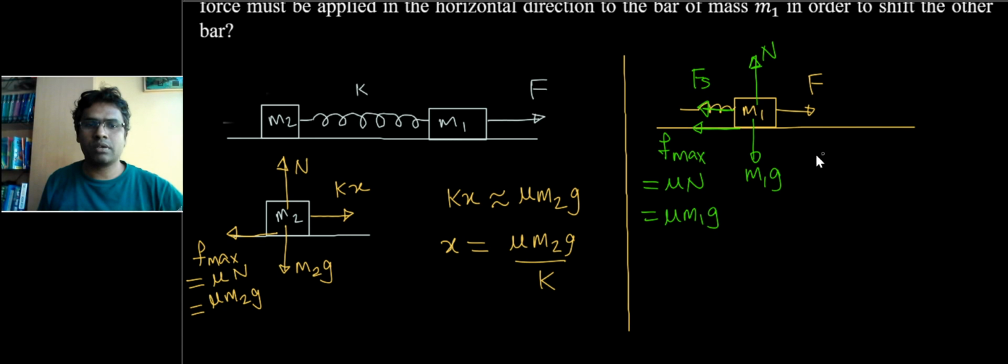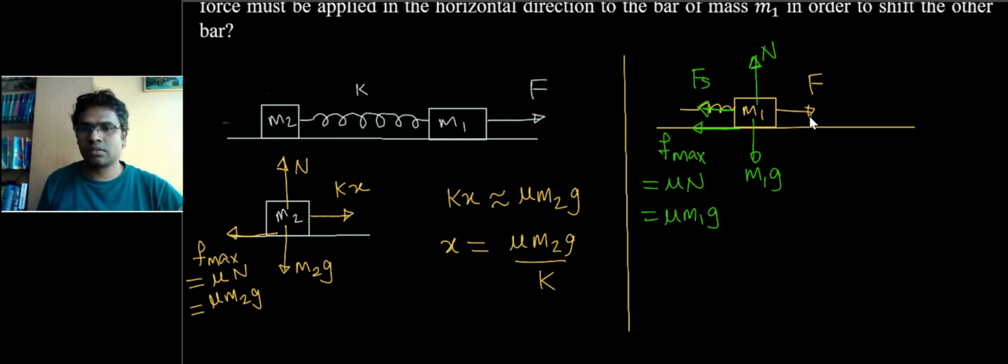We are just trying to get the extension required, which is mu m2g by k, good enough to move the bar with mass m2. By the time we achieve that extension, m1 should not have any speed. It should really come to rest.